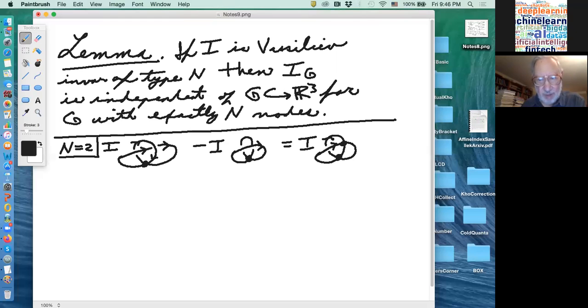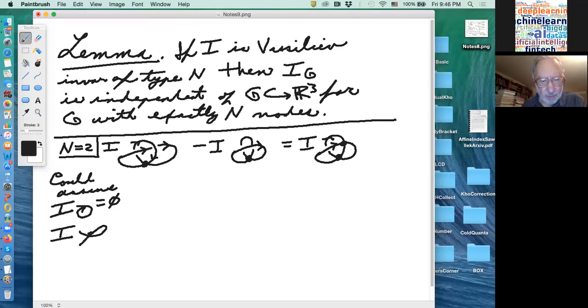All that's fine, and then I could assume that I of the unknot is equal to 0, maybe just to make life easy, and I could assume that I of somebody like this is also always going to be equal to 0 whenever that occurs.